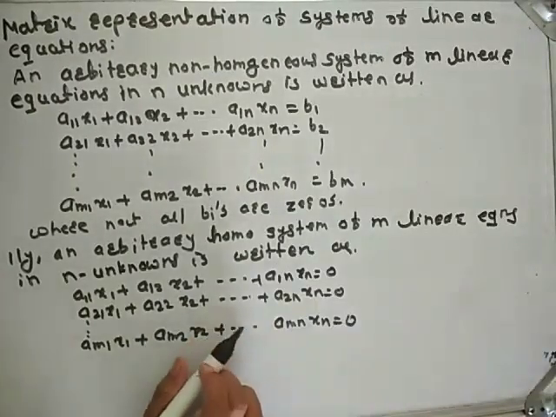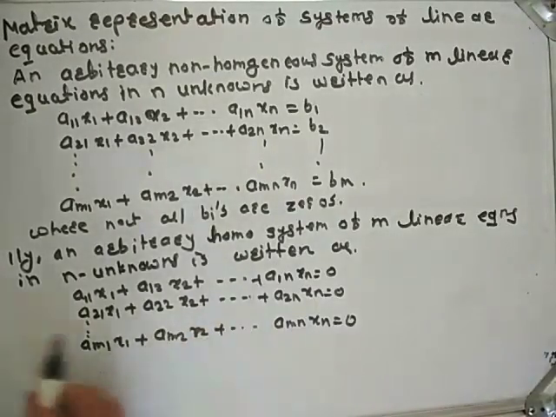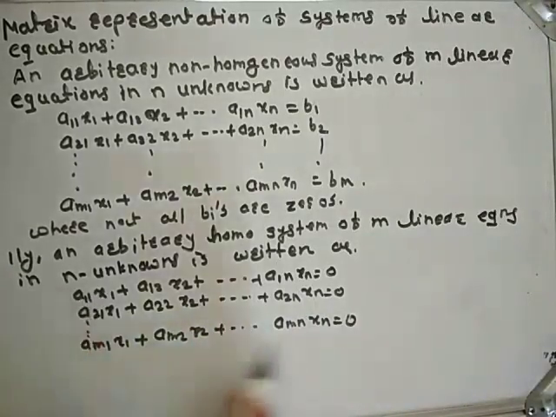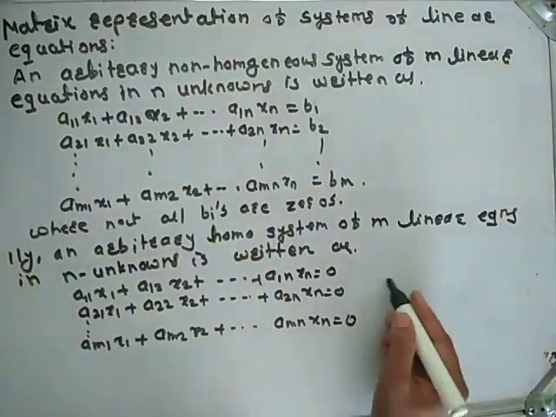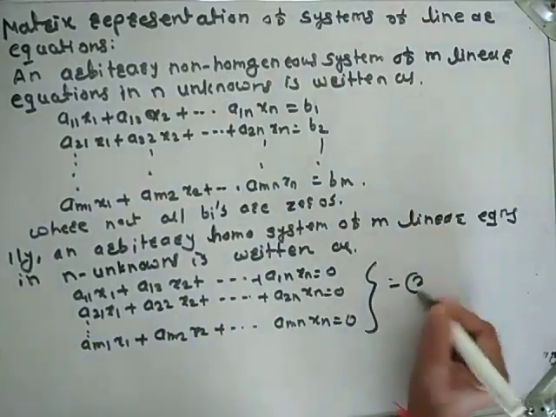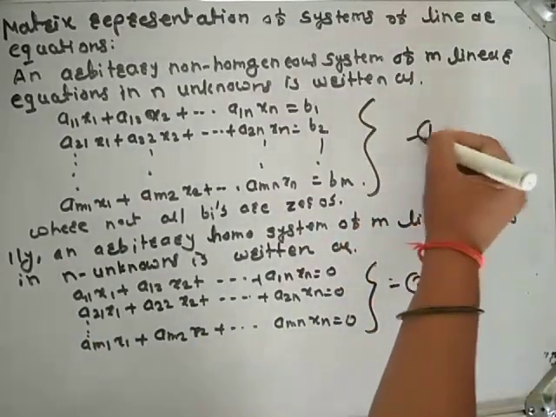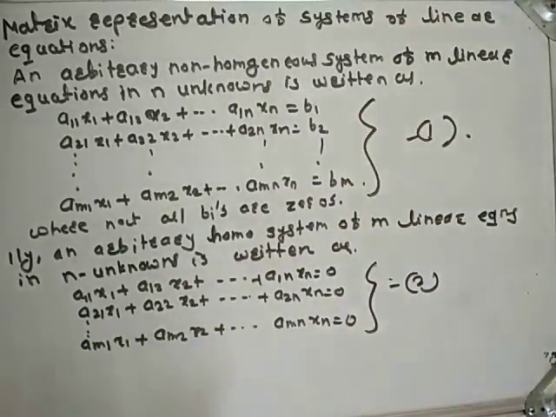This is a homogeneous system of m linear equations in n unknowns, because all bi's are here 0. Suppose call this equation number 2 and this is equation number 1.